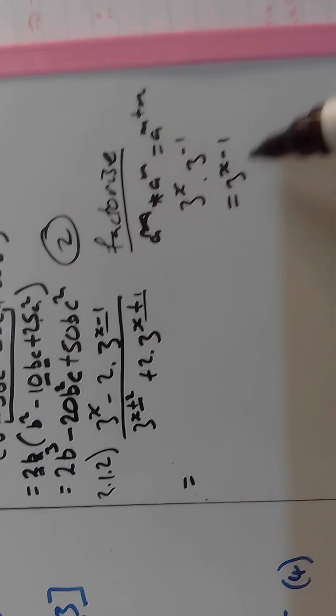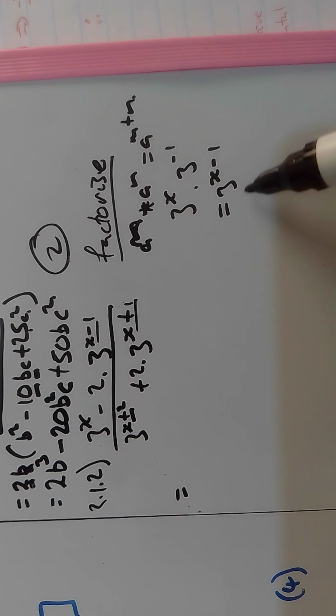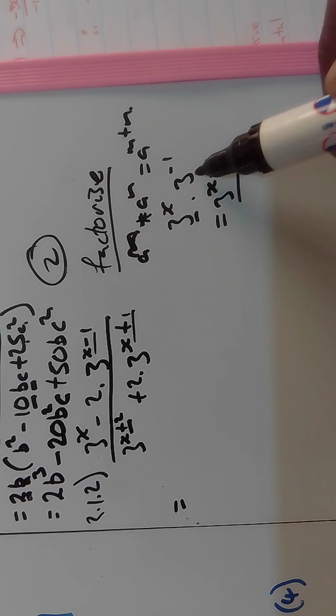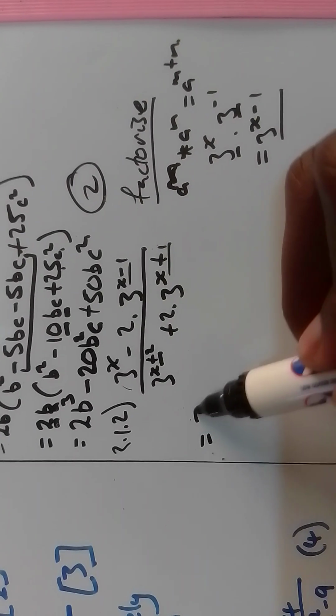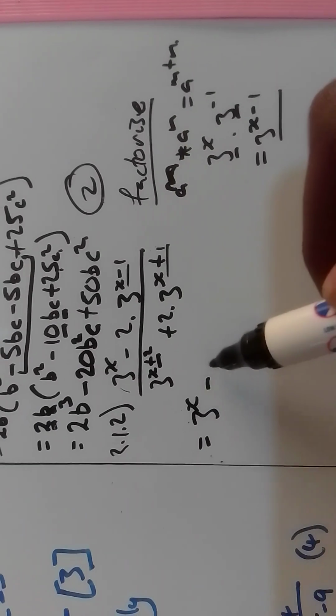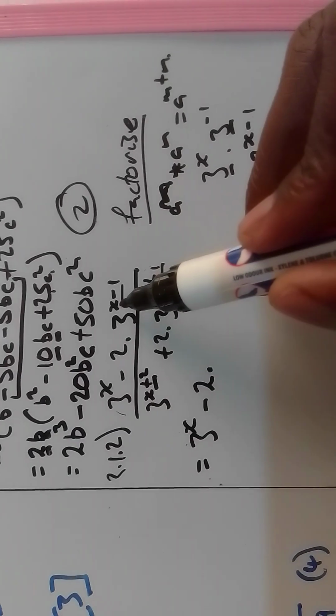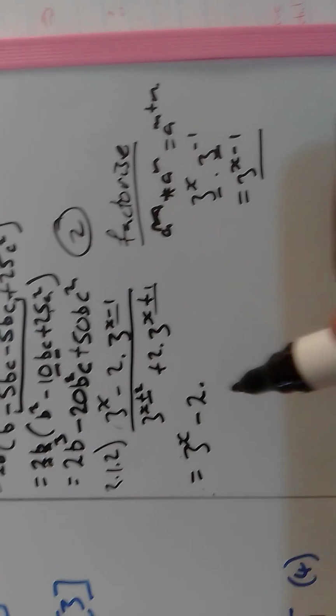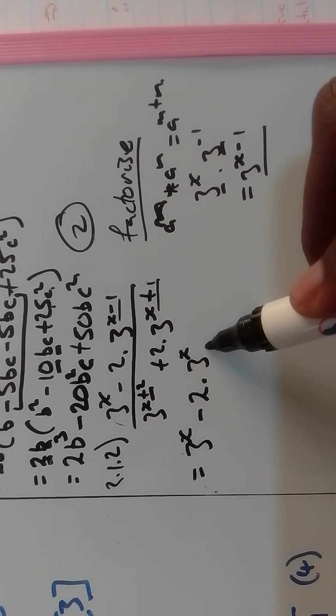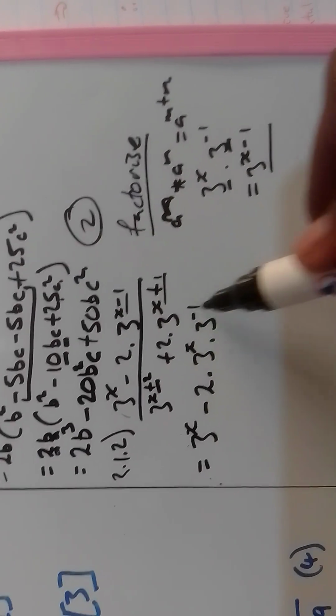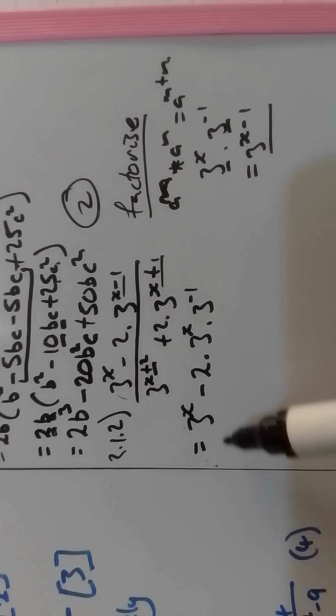So now I don't want it to continue looking like this. I need to reverse it to this state. So if I come here, I rewrite 3 to the power x minus 2 multiplied by, already now you know that I must say multiplied by 3 to the power x multiplied by 3 to the power negative 1. Why am I doing this?